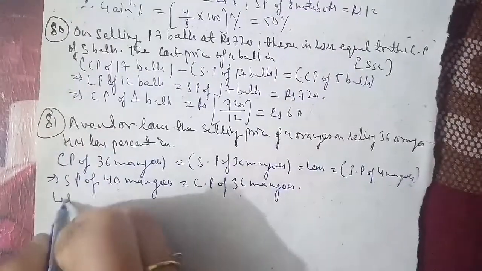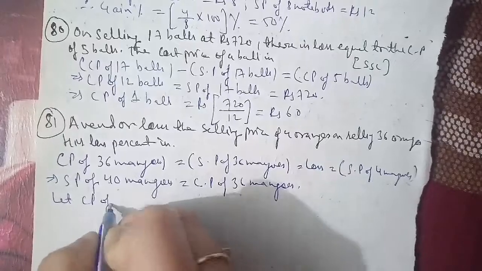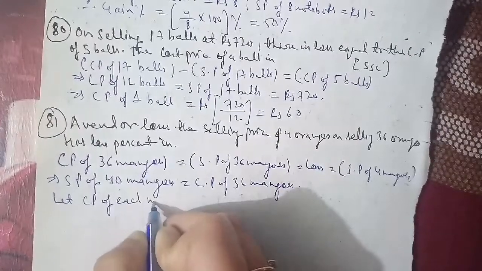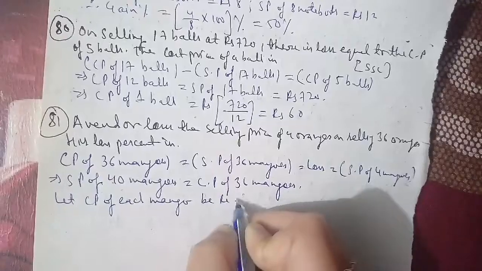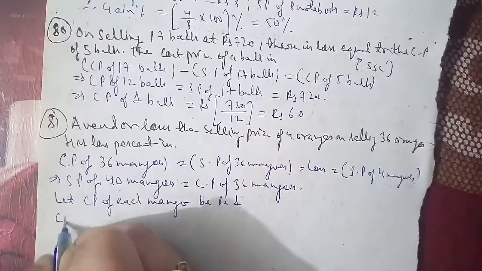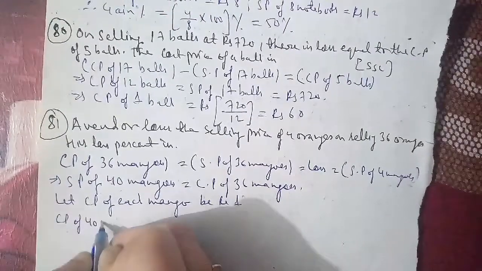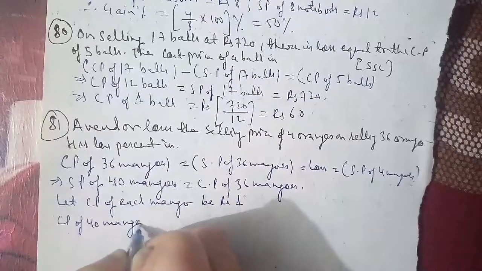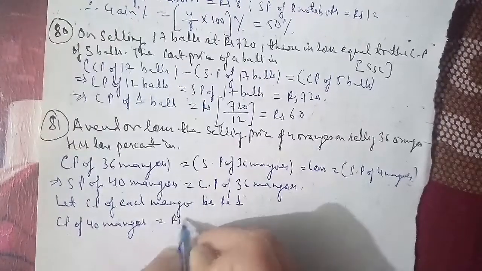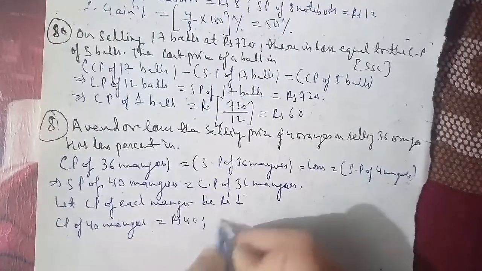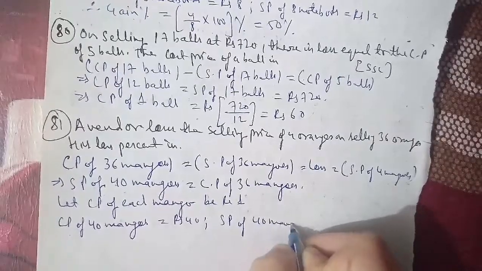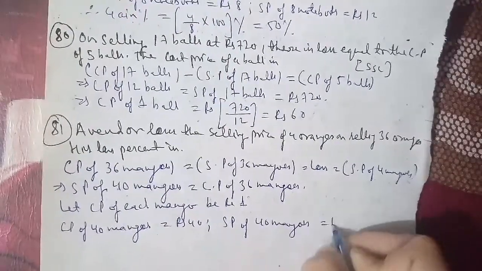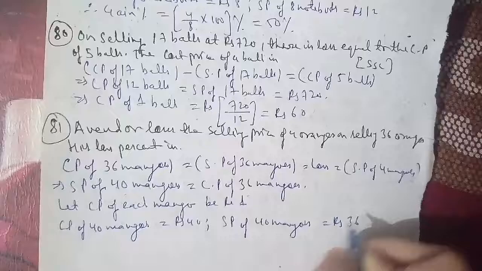Let the cost price of each mango be rupees 1. Cost price of 40 mangoes equals rupees 40, and selling price of 40 mangoes equals rupees 36.